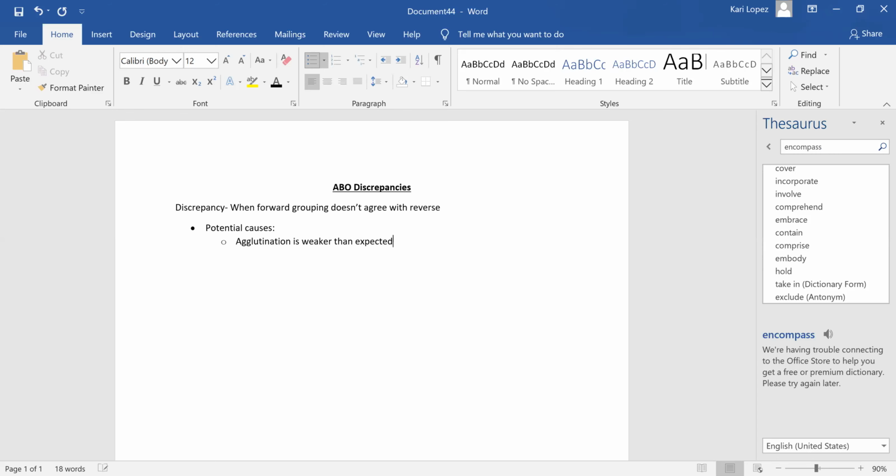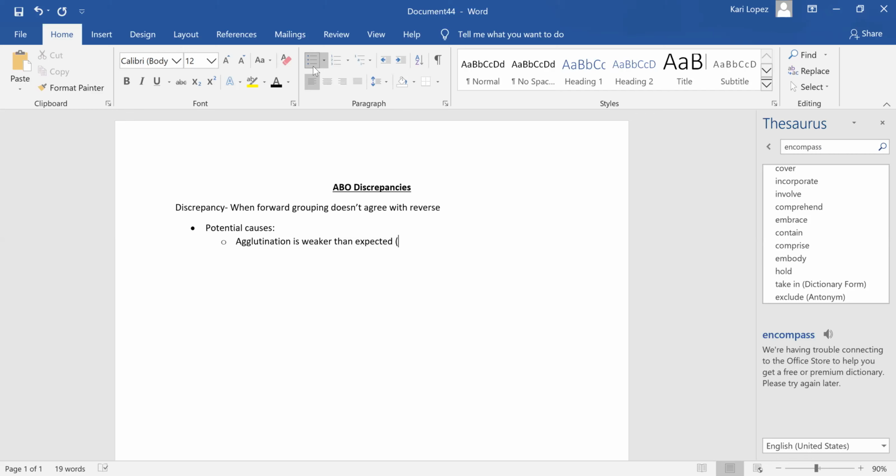So what's your expected agglutination reactions for ABO? For your forward and reverse typing, what kind of reactions should you be getting? Is that the positive 1, 2?